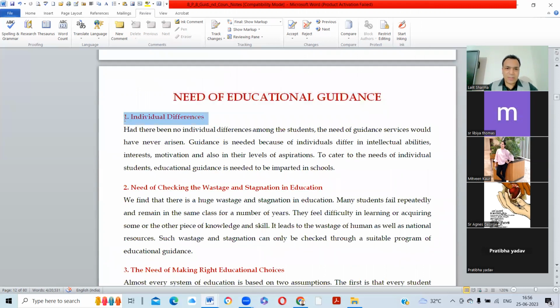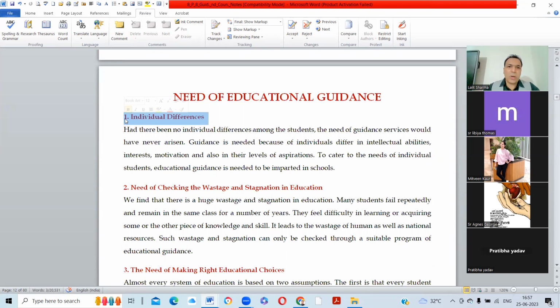See here, individual difference. I have just talked about individual difference, because every student is different. You cannot prepare the same lecture for the whole class. Guys, you have to go beyond the line. You have to make extra effort, because the students in your class are average, below average, and above average. How can you prepare a lecture which suits all the students?